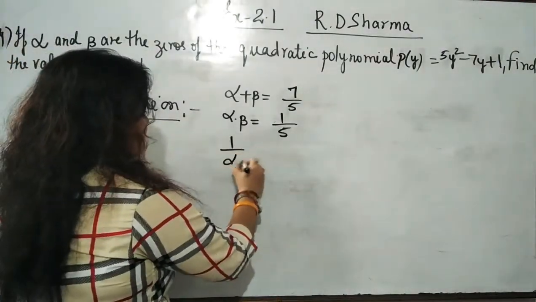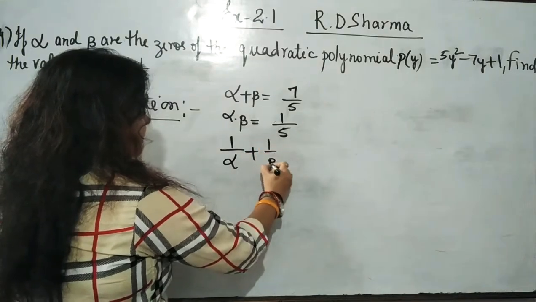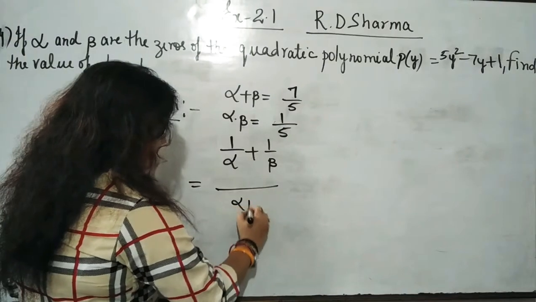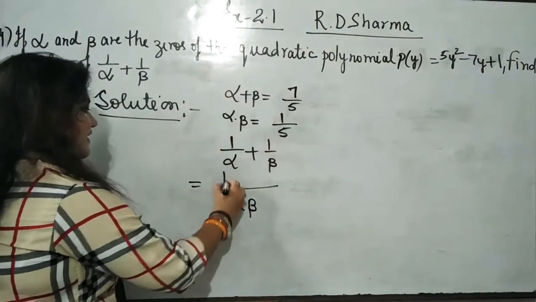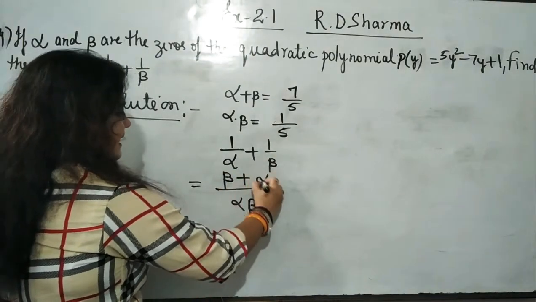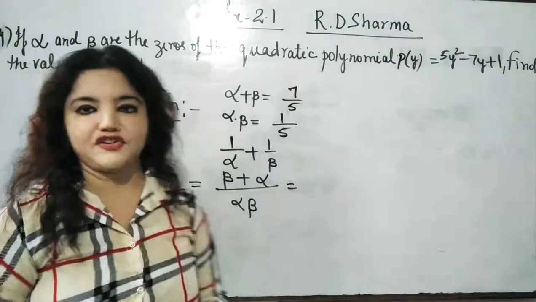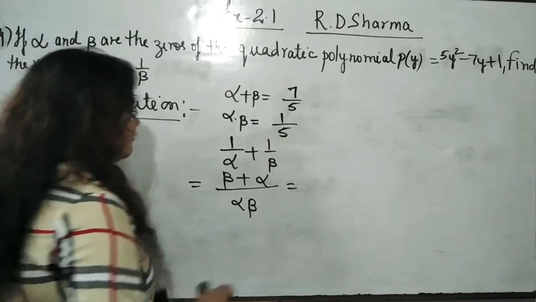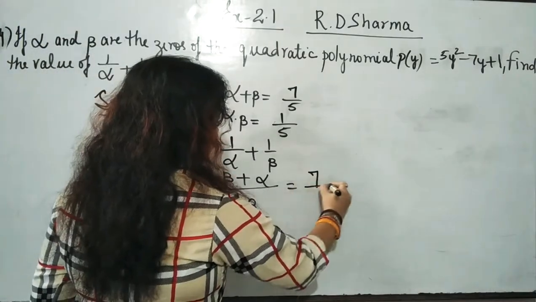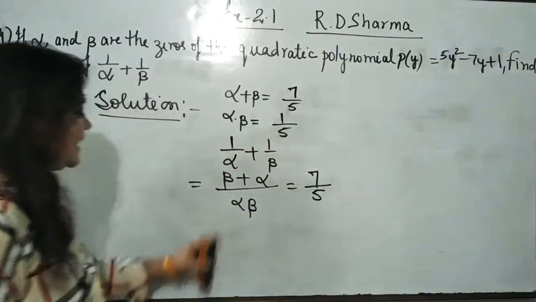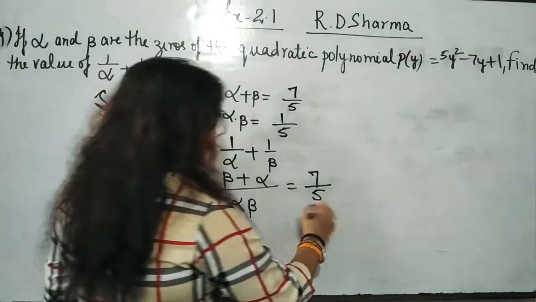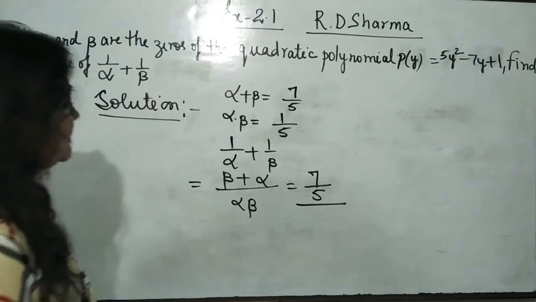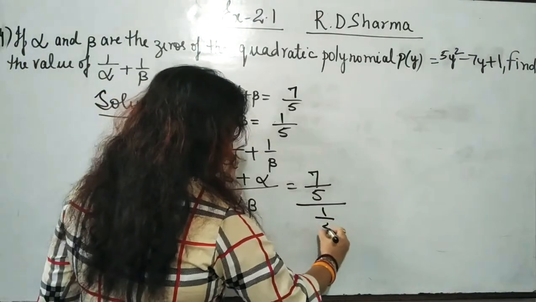So let's see. 1 upon alpha plus 1 upon beta. We will take the LCM, which will be alpha beta. Here we will get beta, here we will get alpha. So this is beta plus alpha, or we can say alpha plus beta, whose value is 7 by 5, upon alpha beta, whose value is 1 upon 5.